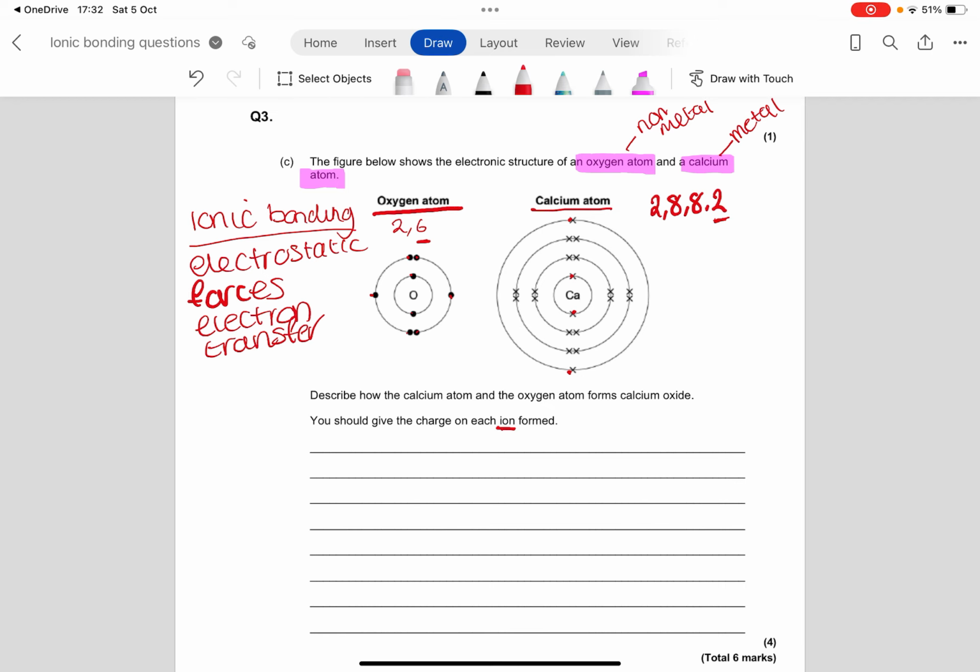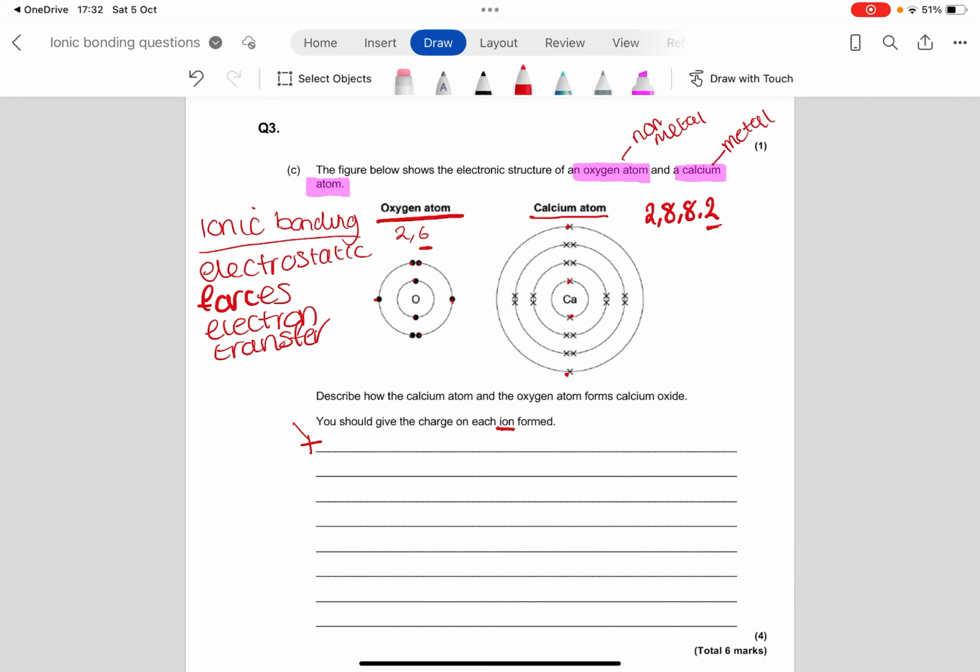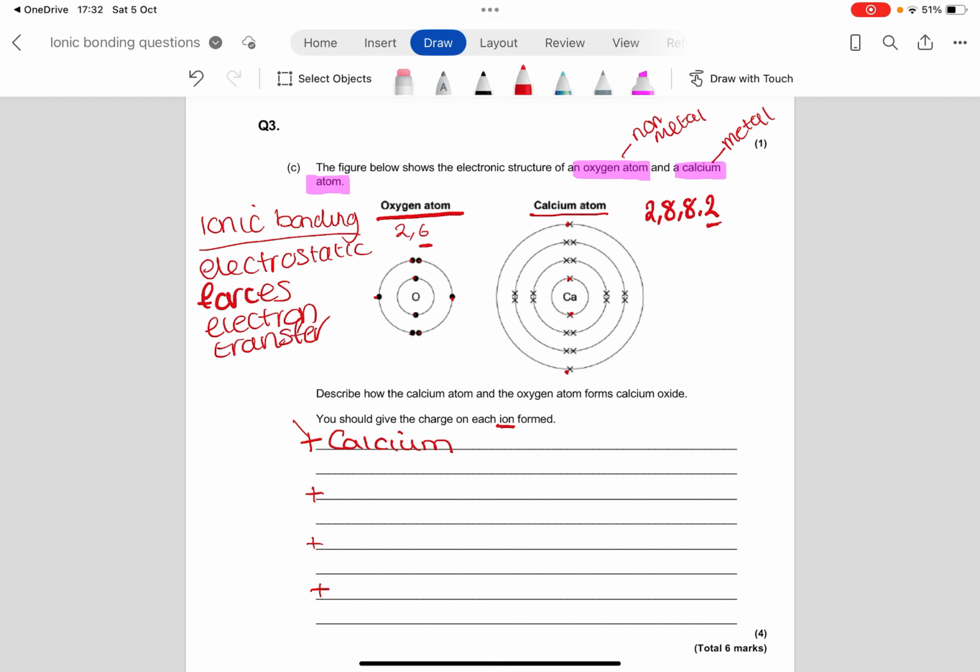So I'm going to start, as I always do, with my 4 bullet points, because it's 4 marks, and we'll go from there. I'm going to start with the metal, because metals always lose their outer shell electrons to form positive ions. So calcium, because it's in group 2, it's got 2 electrons on its outer shell, it's going to lose 2 electrons.